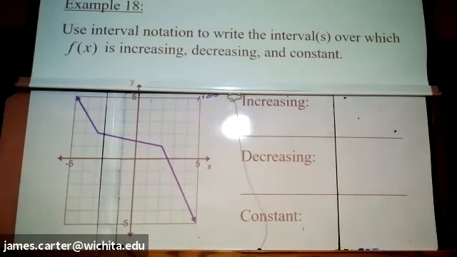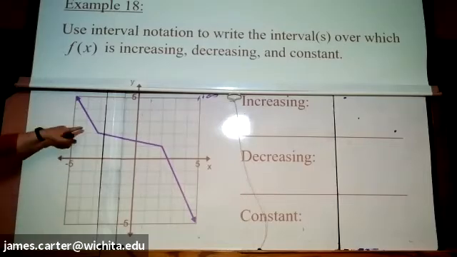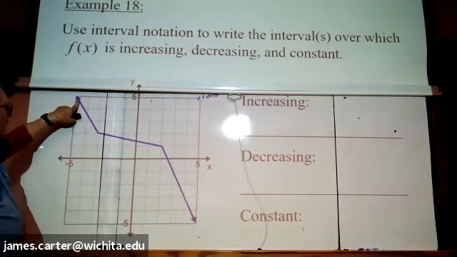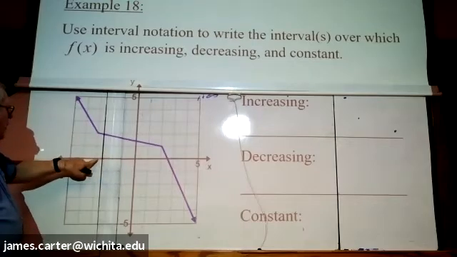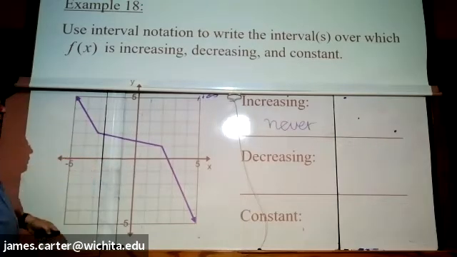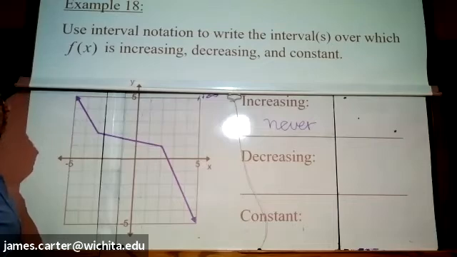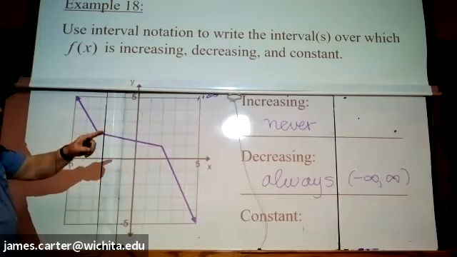Okay, what about this one? Increasing from negative infinity to 1, 2, 3, -3. Why is this never?